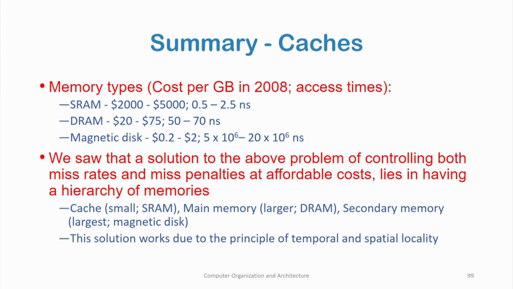Data items which I am accessing now will be accessed again in the near future. The principle of spatial locality says that data in the vicinity of those currently being accessed is expected to be accessed soon.